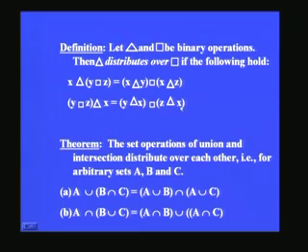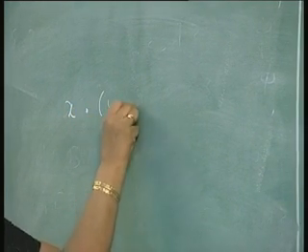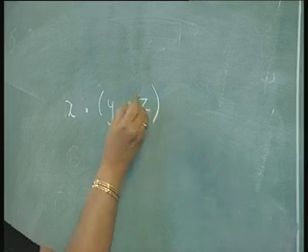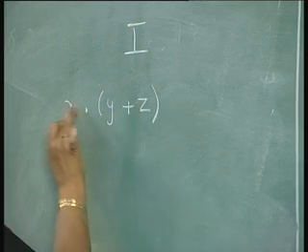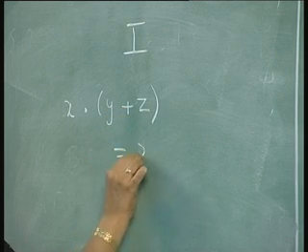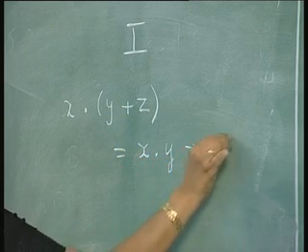For example, if you take multiplication and addition, with the set of integers as the underlying set, x multiplied by (y plus z) will be x multiplied by y plus x multiplied by z.